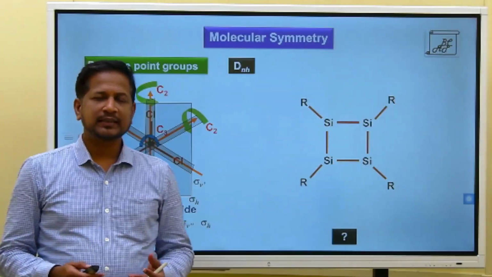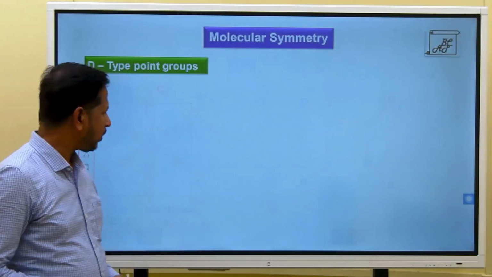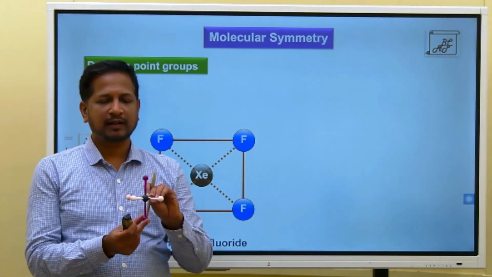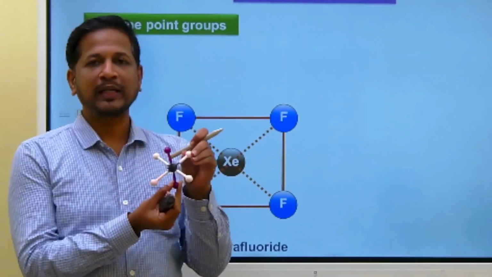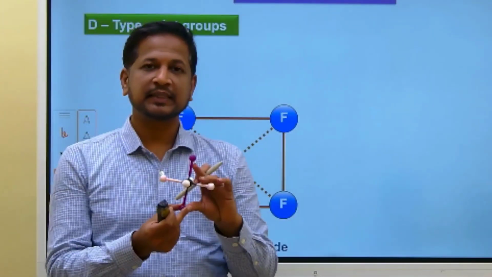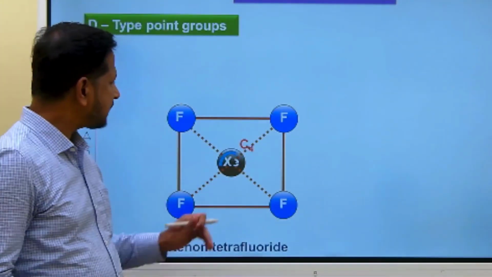To understand this in more detail, for the D type of point group, let's take the example of xenon tetrafluoride. This is the model of xenon tetrafluoride. These white ones are the fluorine atoms and these two are the lone pairs present in xenon tetrafluoride. In xenon tetrafluoride there is a C4 axis.